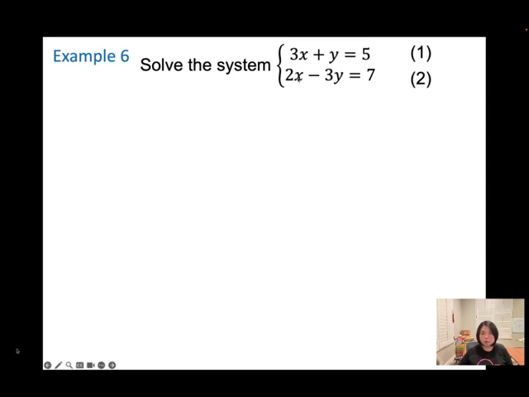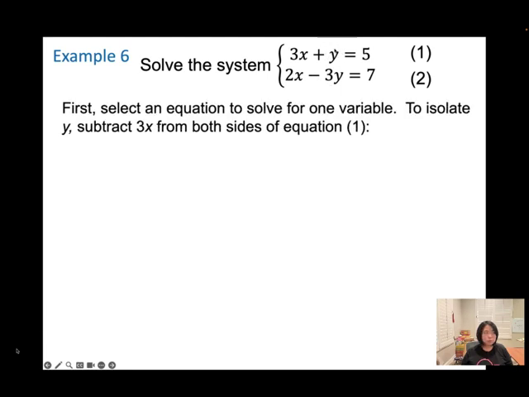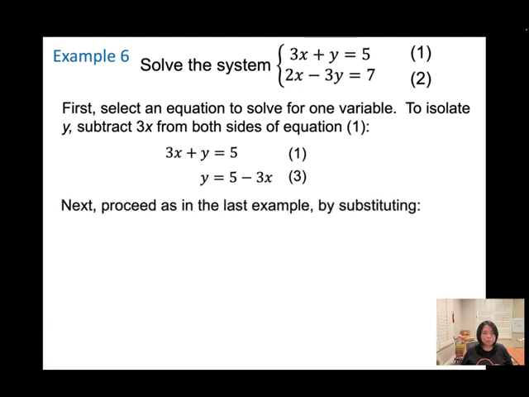So we have 3x, 2x, 1y, 3y. We're going to use this variable. So we're going to isolate the variable y. So y equals 5 minus 3x. And then we're going to substitute into equation 2.